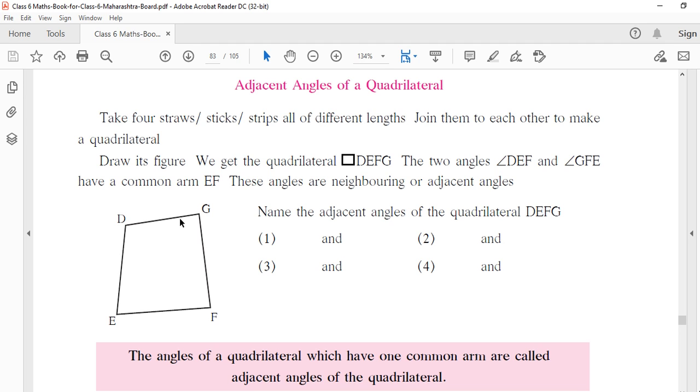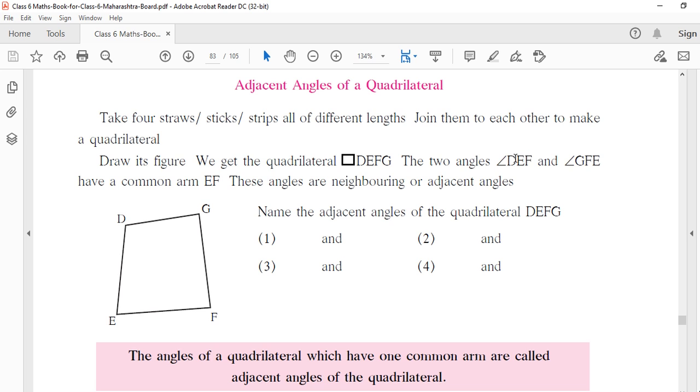Now I hope you know how to name an angle using three letters and using a single letter. You should preferably name an angle using three letters, as mentioned over here.